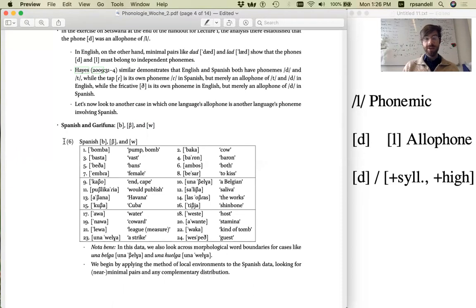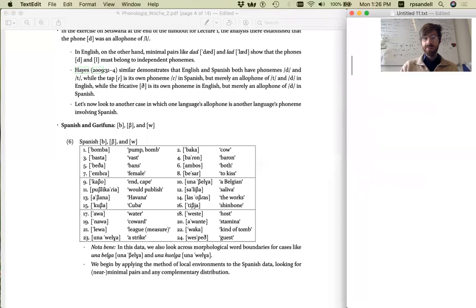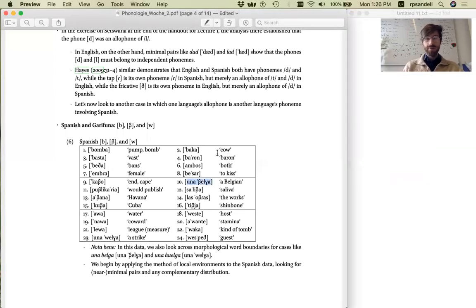So here's our Spanish data under point 6. And an important point to note in this data, in some cases we have morphological word boundaries. For instance, in number 10, we have words like una belga, a Belgian, or una huelga, a strike.